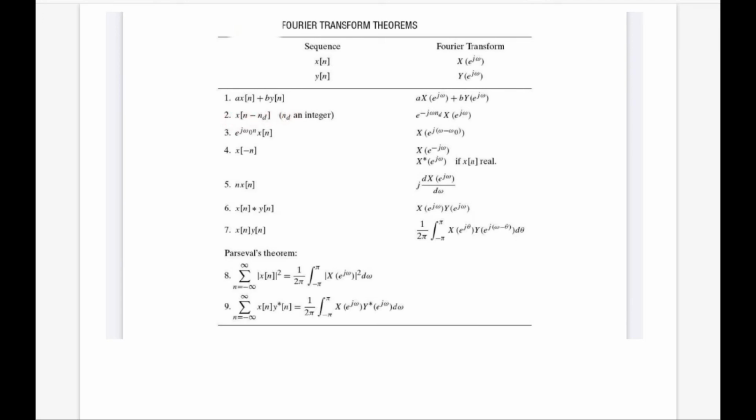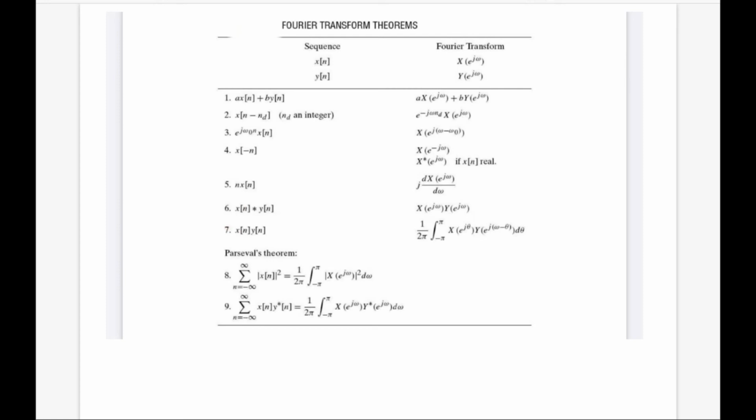This means that if there is a shift in the time domain, that represents a phase shift in the frequency domain, and vice versa. If there is a frequency shift, there is a phase shift in the time domain. This is time reversal. This is differentiation in frequency domain. And this is convolution.